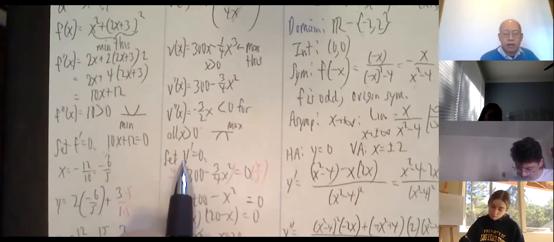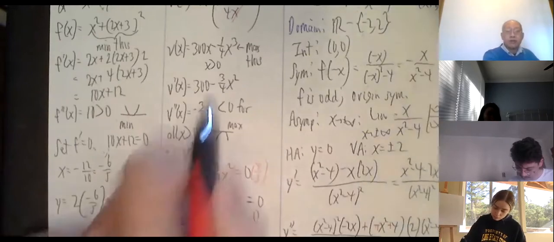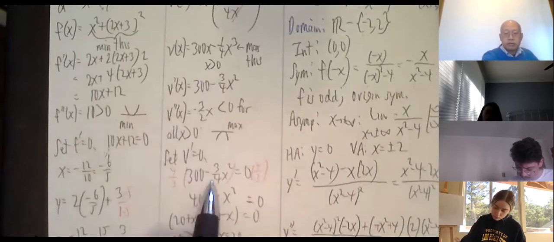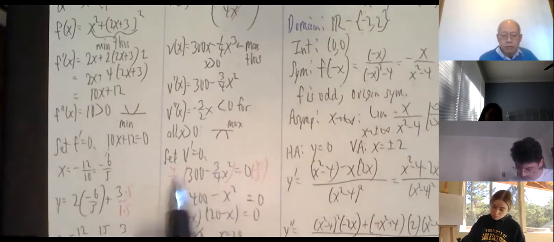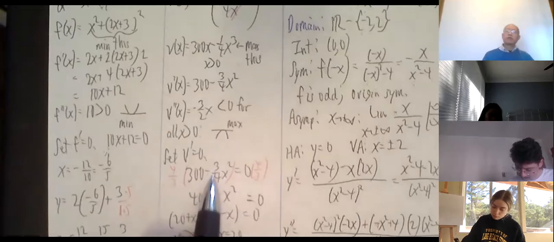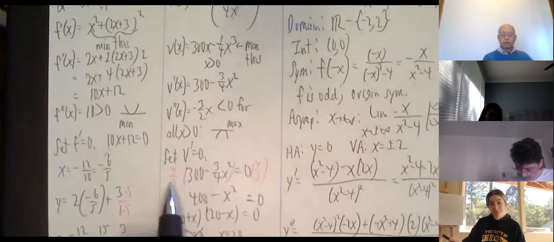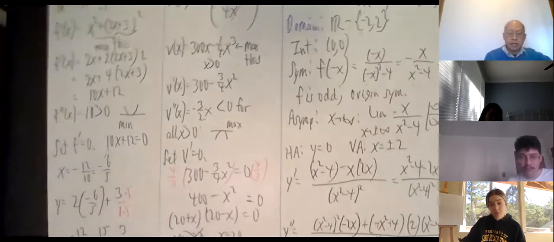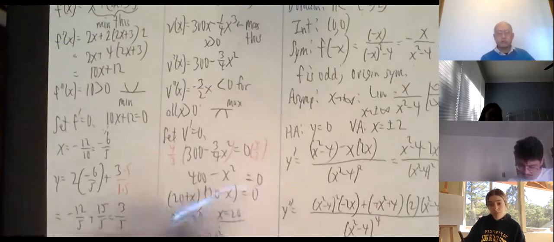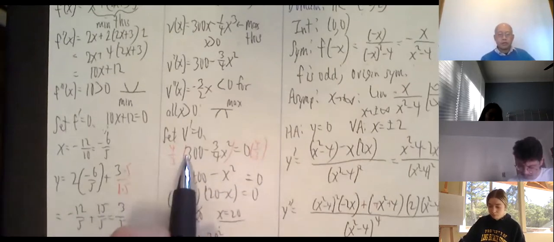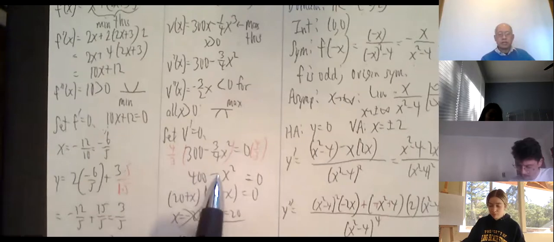Okay, so set V prime equal to 0. V prime was this. 300 minus 3/4 x squared equals 0. Clean it up, multiply both sides by 4/3. I want to get rid of the 3/4, so I get rid of it by multiplying by 4/3 on both sides. 0 times 4/3 is 0. 4/3 times 300 is 400 minus x squared.